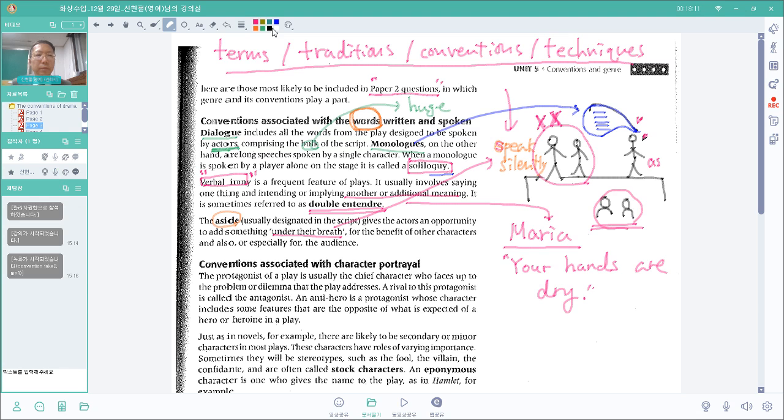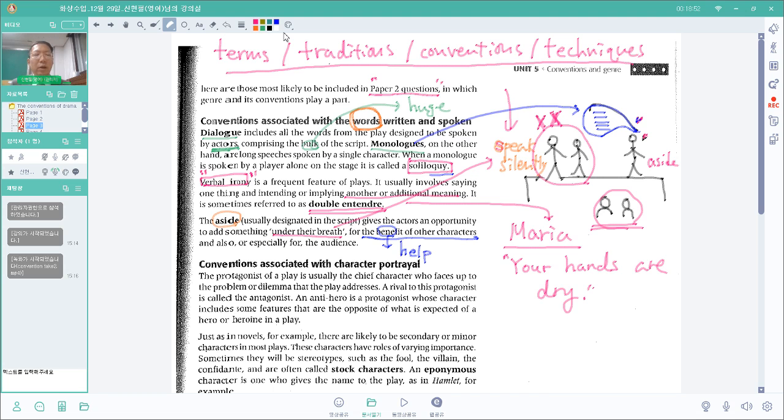That's an aside. And also the meaning of "for the benefit of other characters." Many of you also asked me what this benefit of other characters means. Here, I guess the benefit can be interpreted as help, for the help of other characters. So this one character can only make an aside when the other characters are helping. They need to help this actor and pretend that they are not hearing what this other person is saying, even though they can hear.